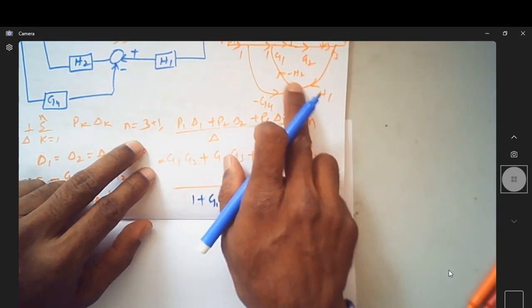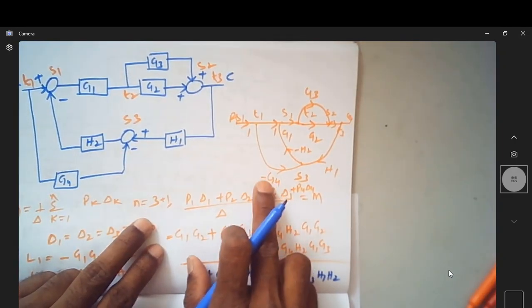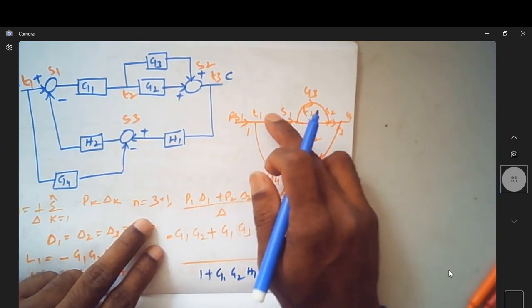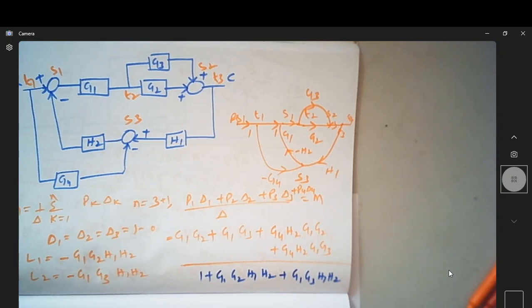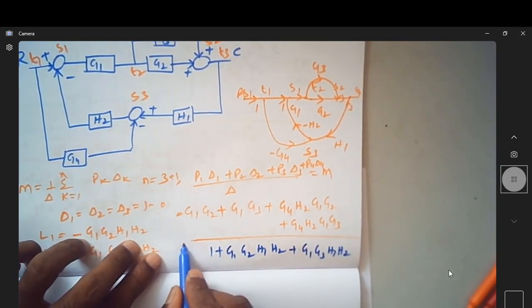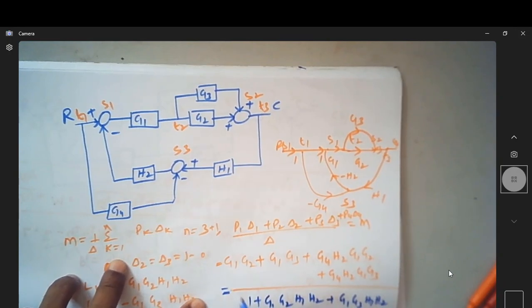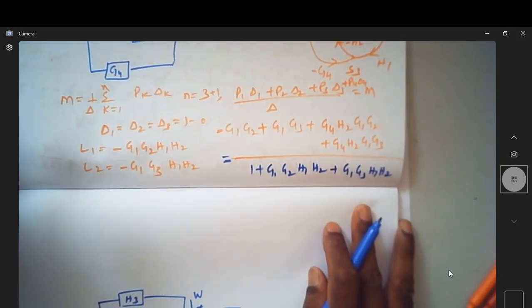So don't think that, okay, this is minus G4 minus H2 and 1 will not become a loop, because this is in the opposite direction. Correct? This is the transfer function for this block diagram. Okay, fine.